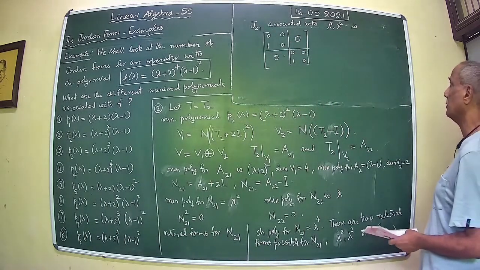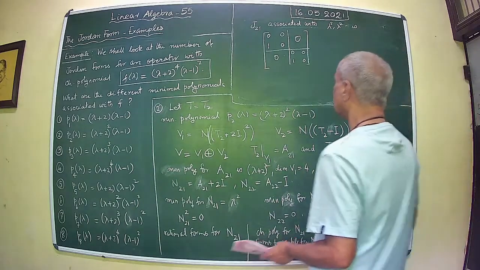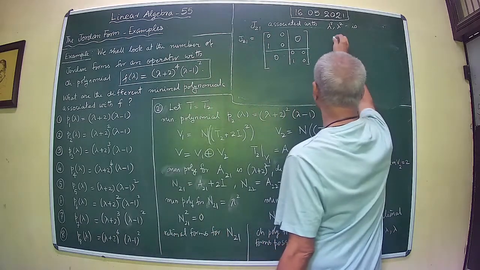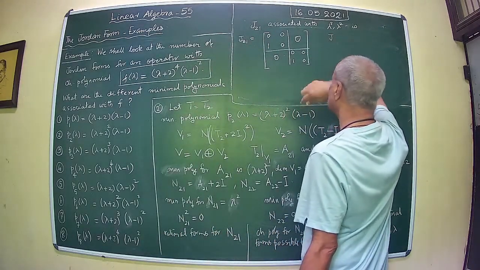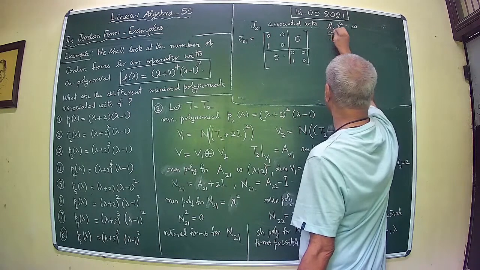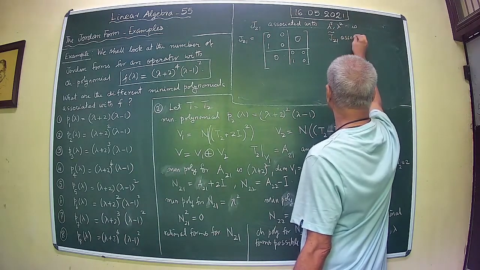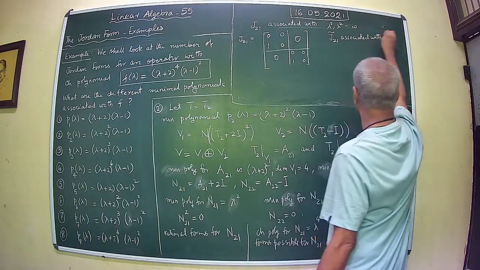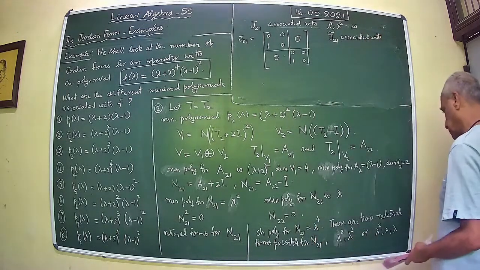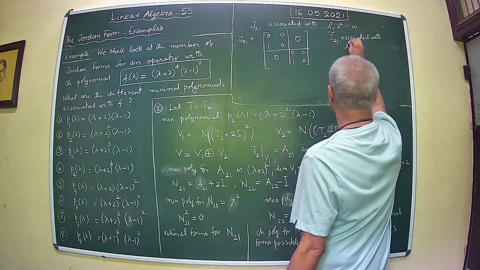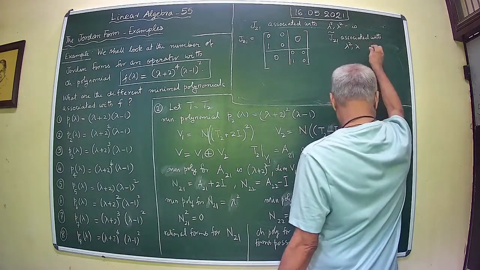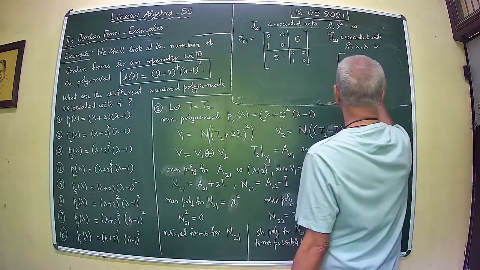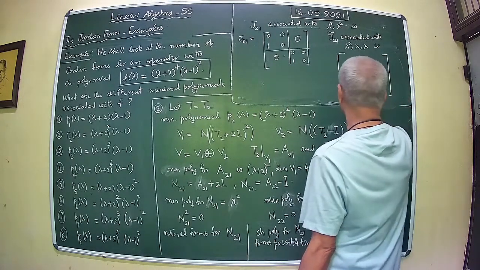This is J2. And similarly, J21 tilde associated with, is, it will go into 3 blocks.